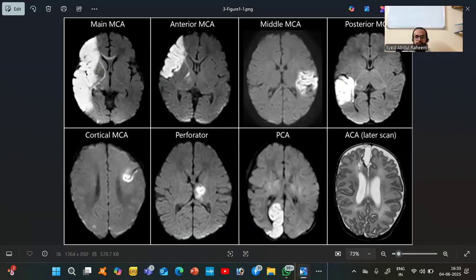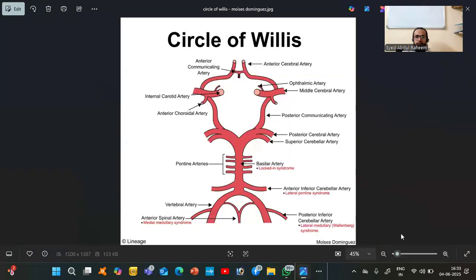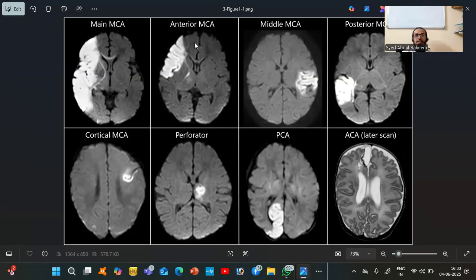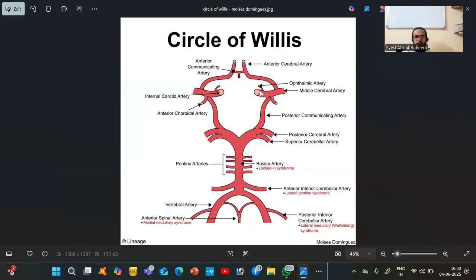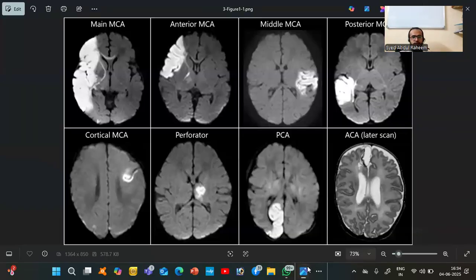Next, you can see that this is another MCA. Next, we have the anterior ACA. MCA, the mid-cerebral artery, has branches. You can see here the mid-cerebral artery branches. If that anterior part is affected, only that part of the brain is affected, so we will get those clinical symptoms. And you can see another image here.